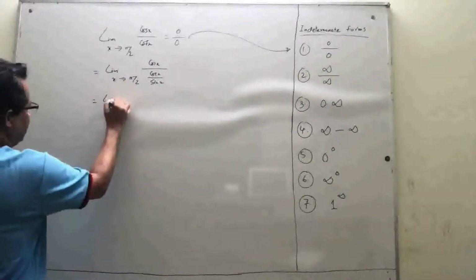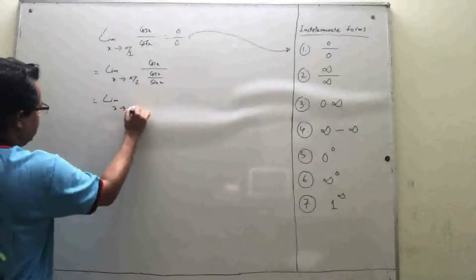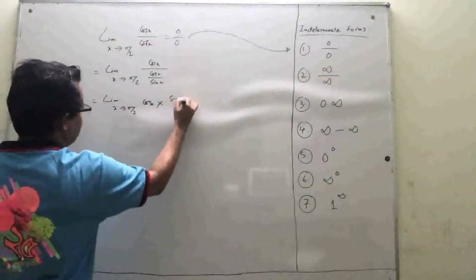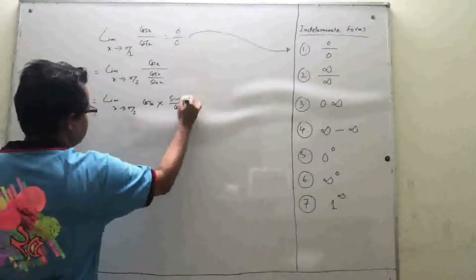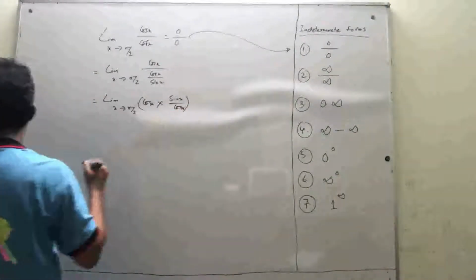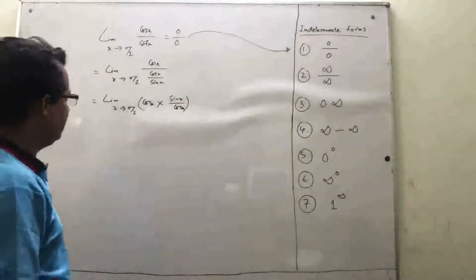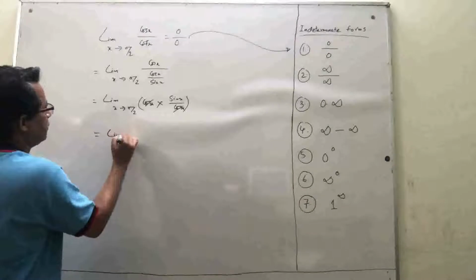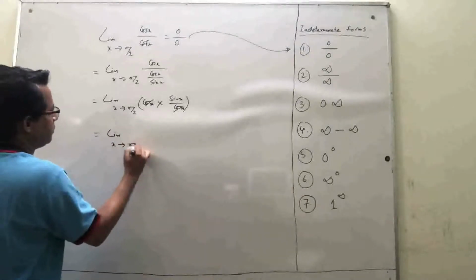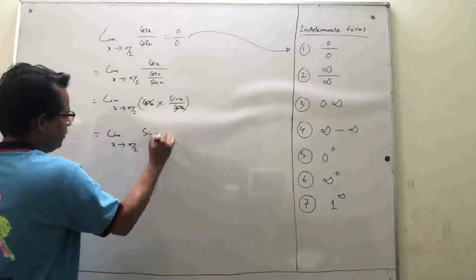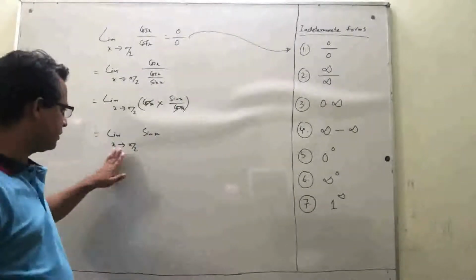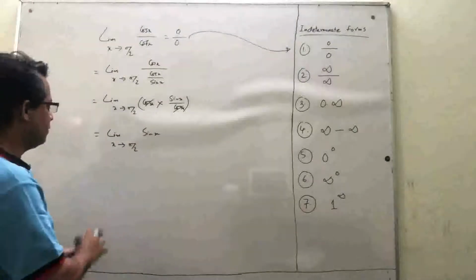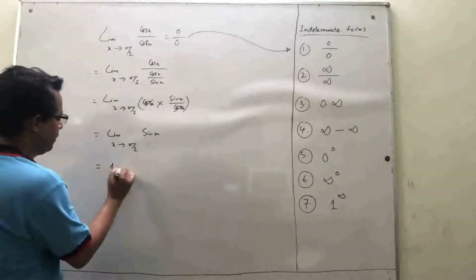Then we can write limit x tends to pi by 2 of cos x into sin x over cos x. Now we can erase cos x. So the limit has become x tends to pi by 2 of sin x. We know that when x tends to pi by 2, then sin x goes to 1. So the limiting value is 1.